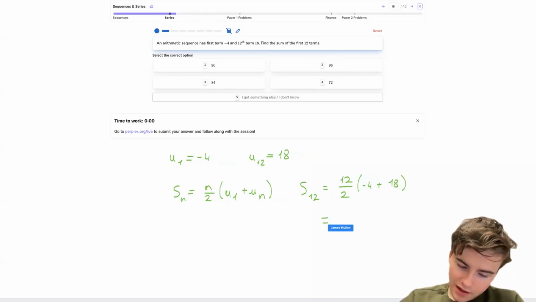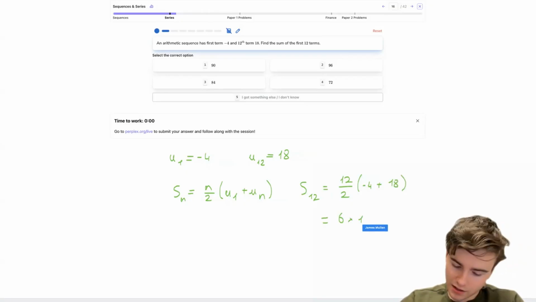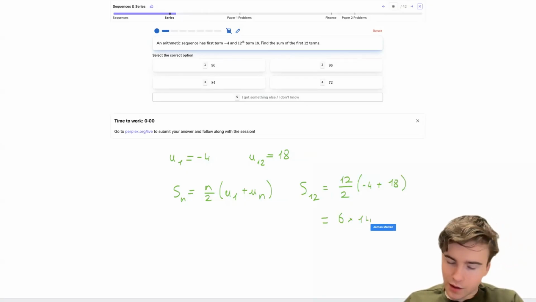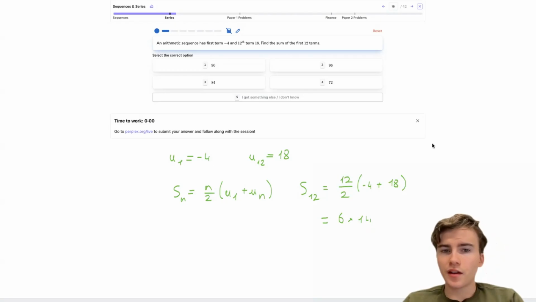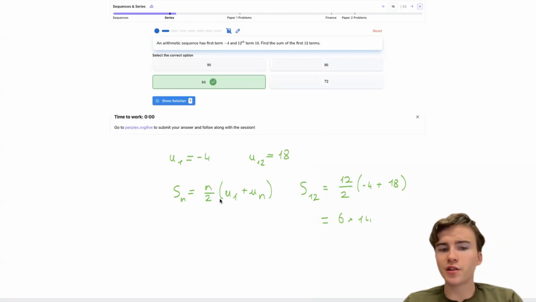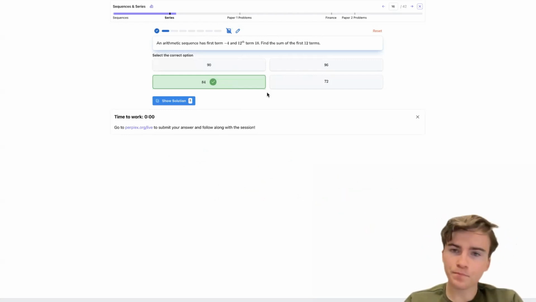So that's 6 times 14, and that will give me 84. Note that we used the formula that involves the first and the last term, and not the first term, the common difference d, and the number of terms, because I knew the 12th term already. So it makes my life easier.